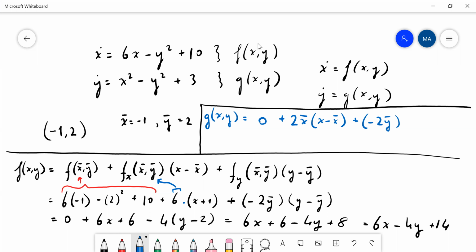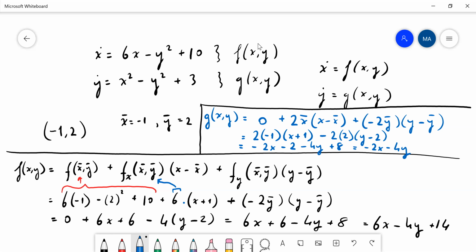Evaluated at y bar, it is -2y bar. Then you have y minus y bar. Okay? So you have 2 times -1, x minus -1, it is +1, minus 2 times 2, y minus 2. So you have -2x minus 2 minus 4y plus 8. So you have -2x minus 4y plus 6. Is that correct?